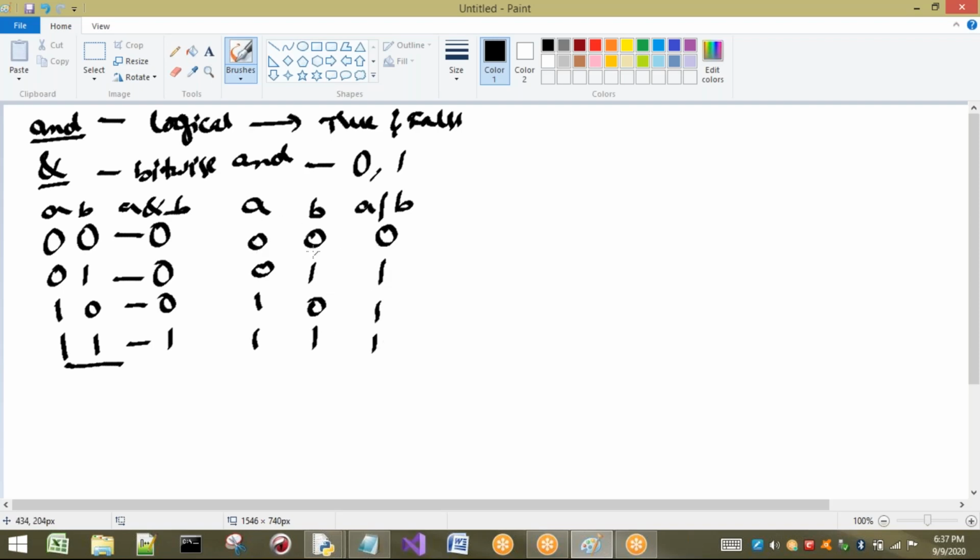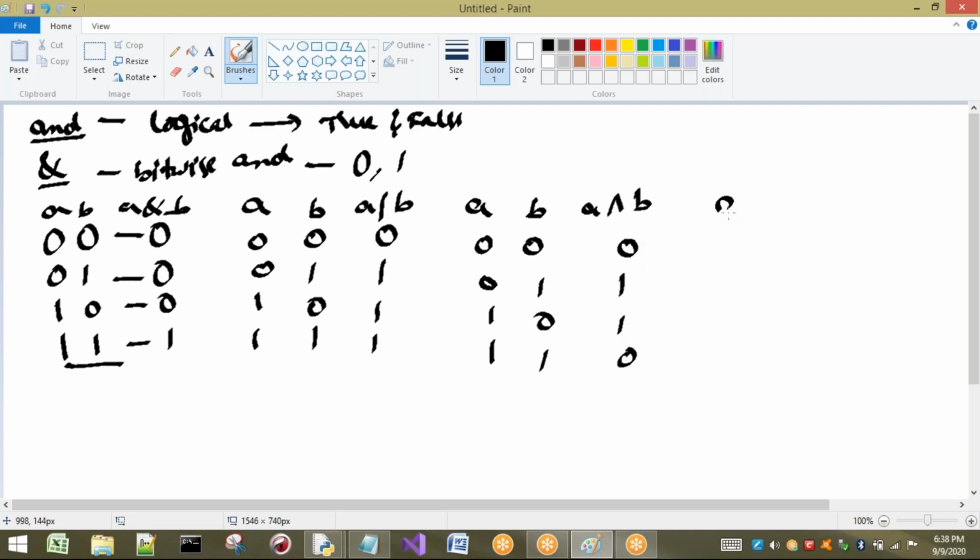Otherwise, if two zeros are there, it will be 0. Okay. Right. Next one is XOR. Third one is XOR. Right. So here XOR is nothing but whenever two different symbols are there, then only 1. Whenever two different symbols are there, then only 1. In the remaining cases, it is 0. This is about XOR.